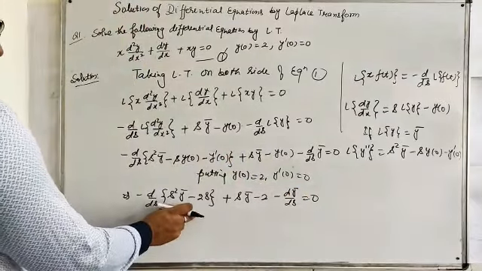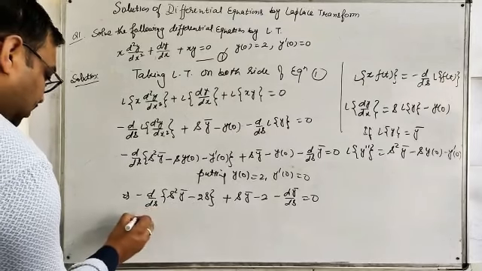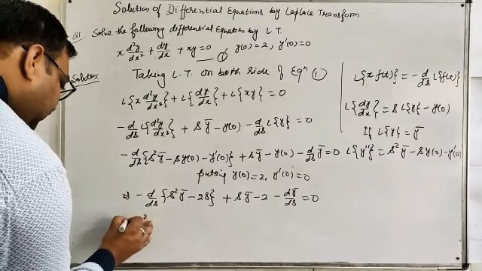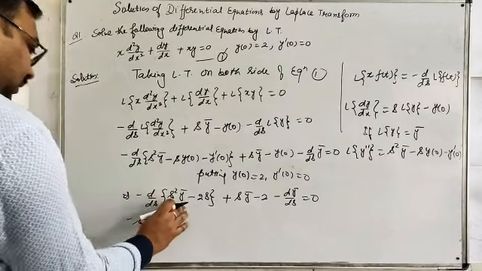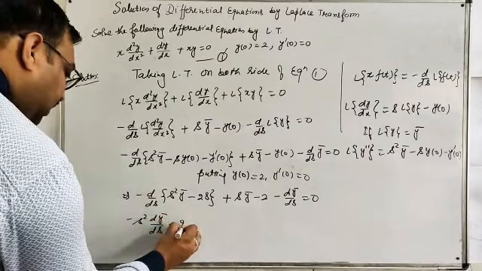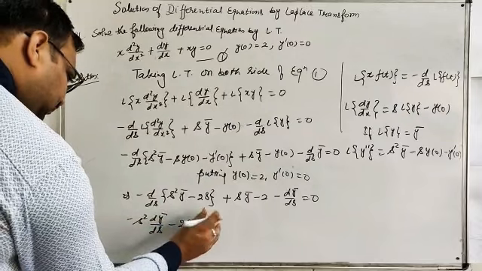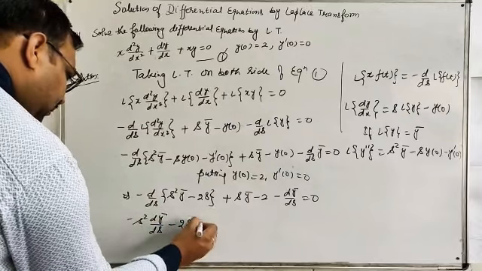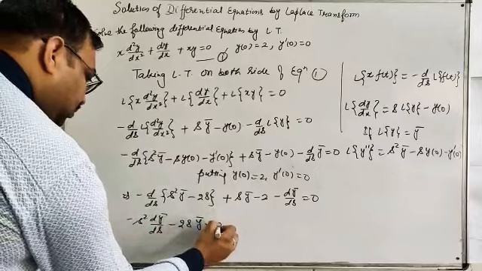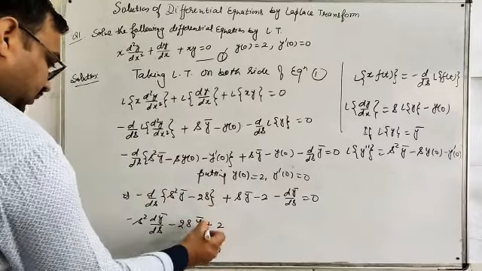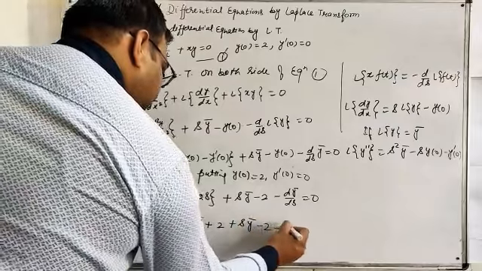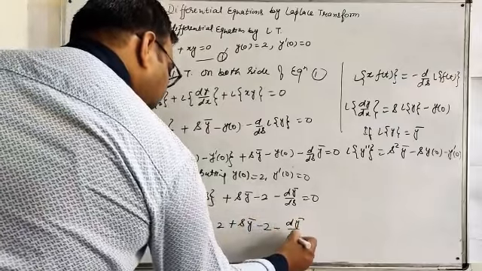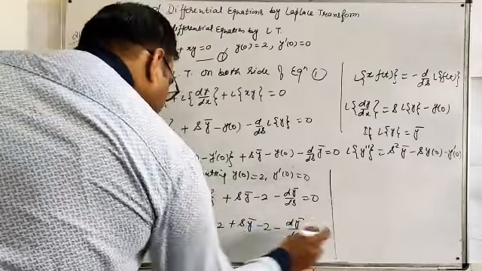Now differentiating this with respect to s: s square as it is, differentiation of y bar, plus y bar as it is, differentiation of s square, that is minus 2s y bar and minus 2, minus minus plus s y bar minus 2, minus dy bar over ds equals 0.